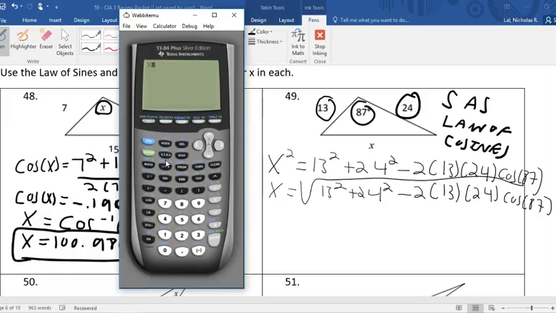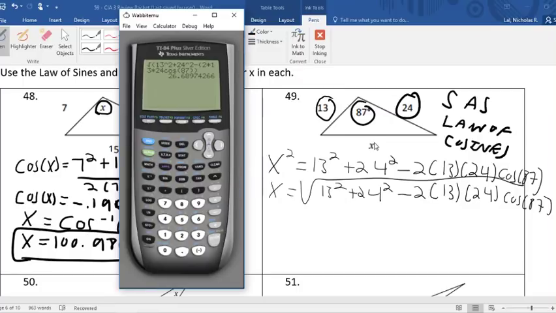So x is going to be equal to, find the square root of 13 squared plus 24 squared minus 2 times 13 times 24 times the cosine of, degree mode, 87 degrees.